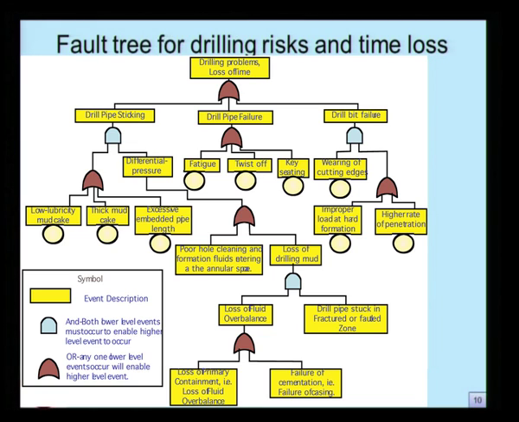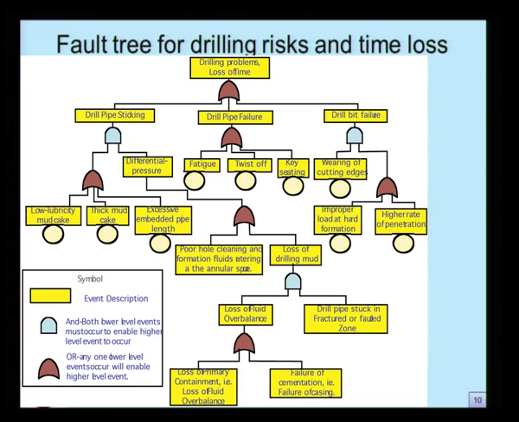It can also be due to excessive embedded pipe length inside. So, either one of them could be responsible for drill pipe sticking, or it can be due to differential pressure which can be caused by poor hole cleaning and formation fluids entering the annular space. It can also be due to loss of drilling mud.